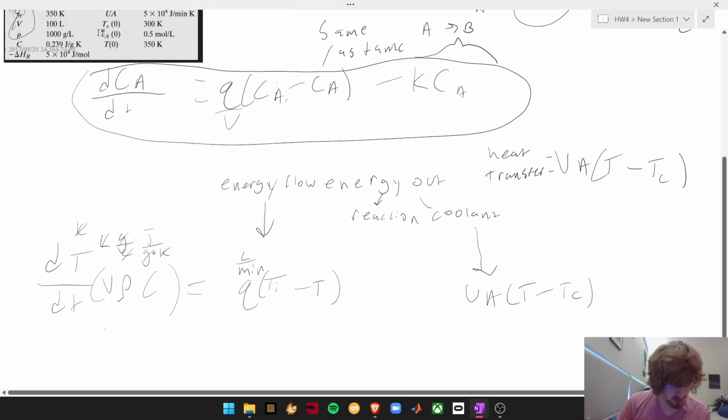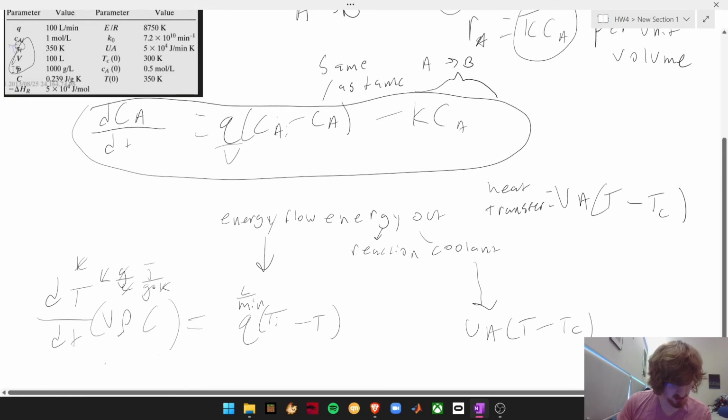So we have Q, and then we also have rho, our density, which will help us cancel out the grams. And then we also have our heat capacity, and we're going to assume the heat capacity is the same for this fluid that's coming in.